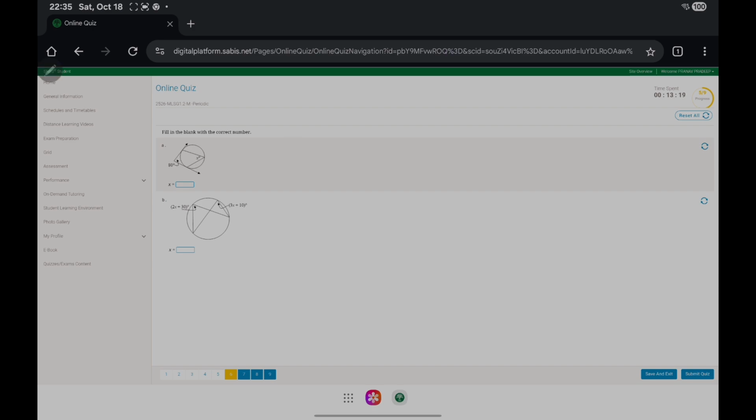You do the same thing here. So just quickly solve this. 360.